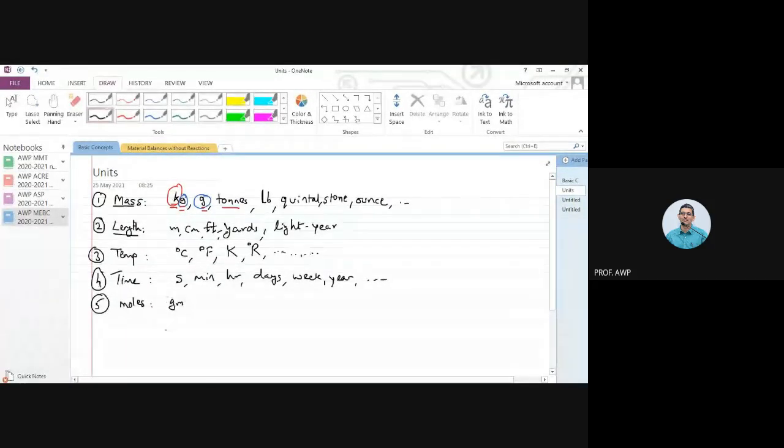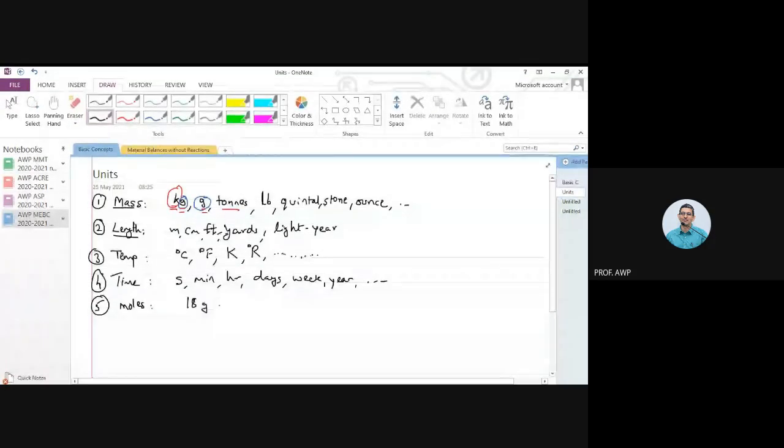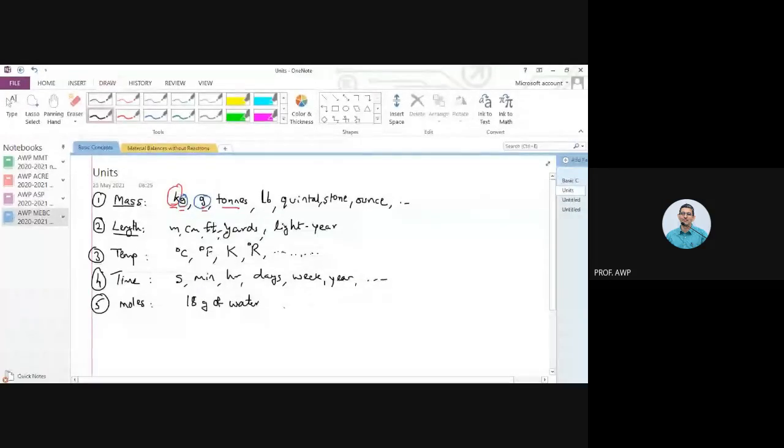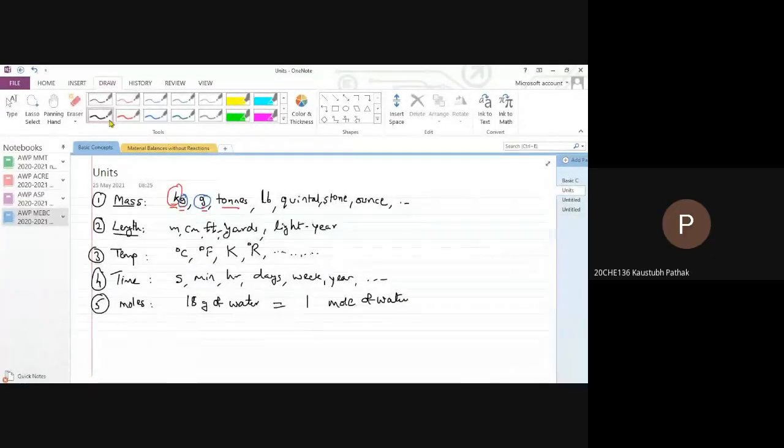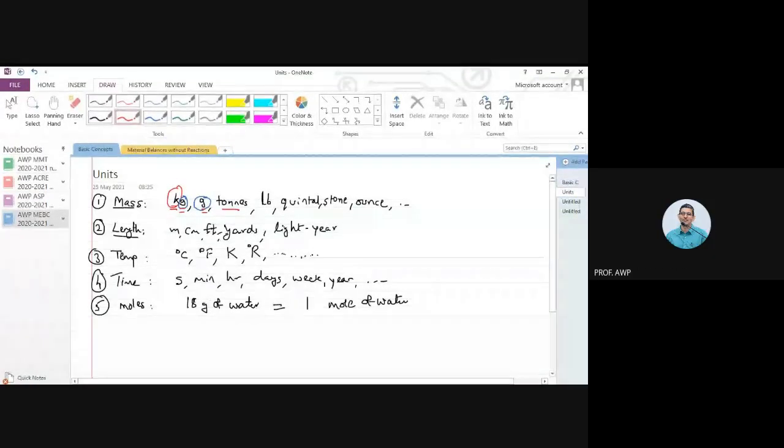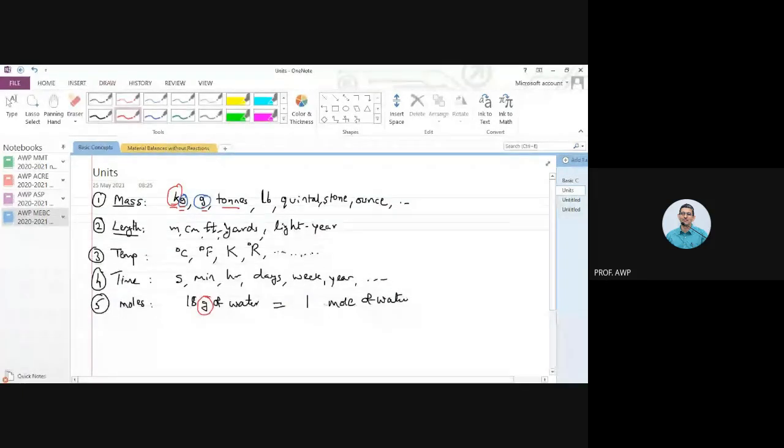For example, if I have let's say 18 grams of water, that's equivalent to 1 mole of water, right? Yes, sir. But because we are using grams, we should be saying 1 gram mole of water.